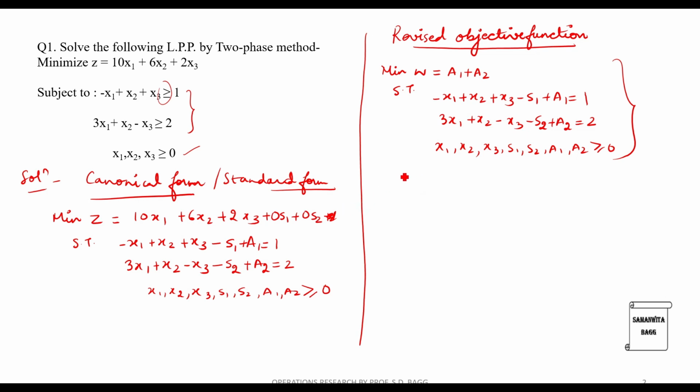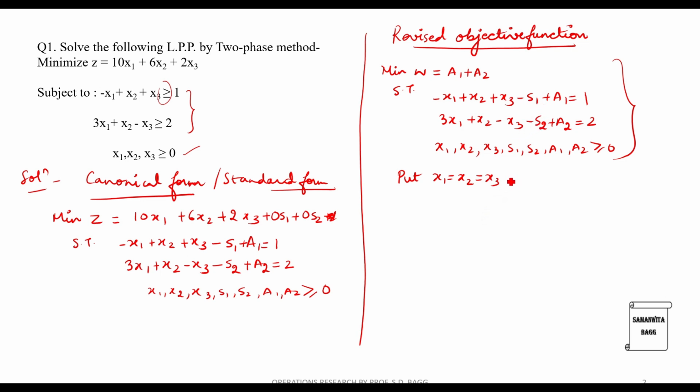Next, what you need to do is decide some variables as basic and some as non-basic. Suppose I assume x1 is 0, it is fair enough because there are more variables present. If I assume x2 as 0, that is also possible. I can also assume x3 as 0 for both the equations.